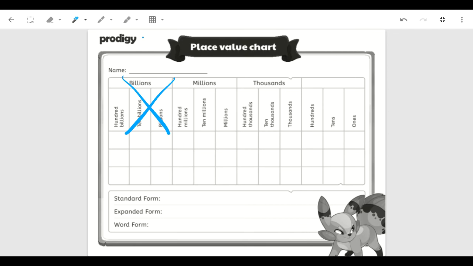So if I put in a number here, let's say we have a number that looks like this. All right, and we think every time we have this group of 3, we call those periods, and we put a comma. So we would have a comma here and a comma here. So the commas separate our periods.